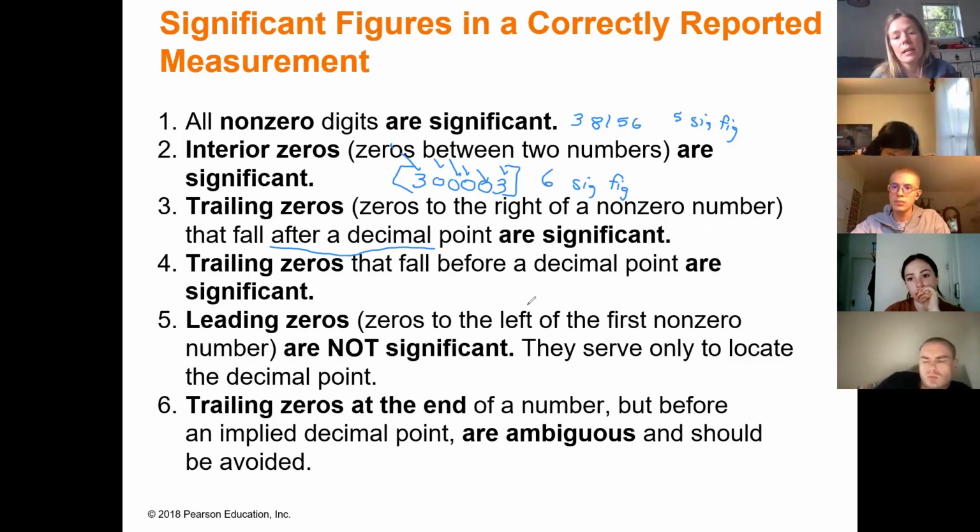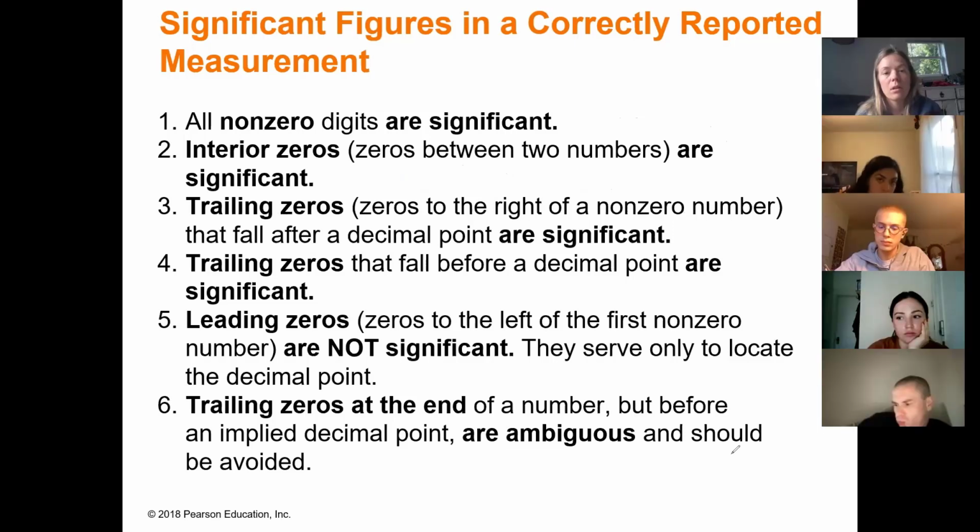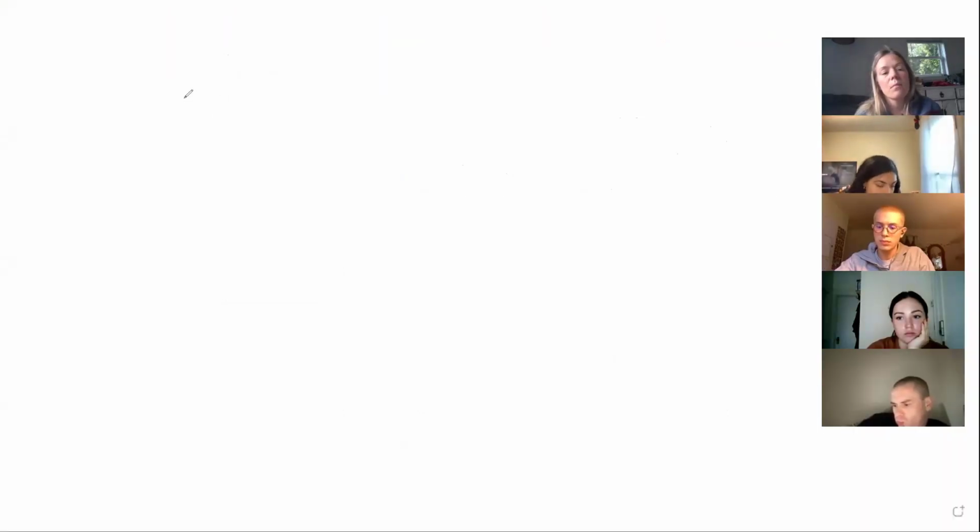So I'm going to write a number a couple different ways. Let's say we have this number here, 4. How many significant figures does this thing have? Pretty easy, 1 sig fig, right? 1 sig fig.